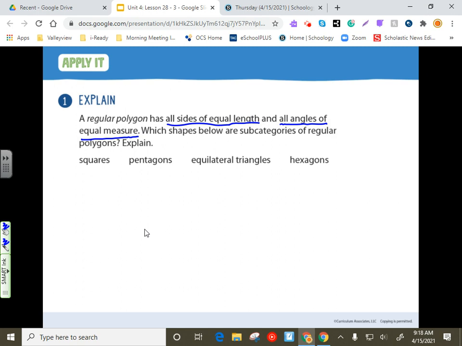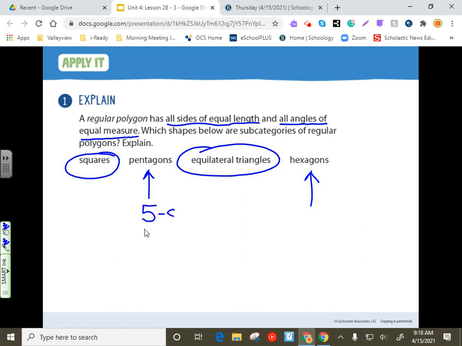And if we want to talk about ones where it's always the case that all sides are equal, that would only leave us with squares and equilateral triangles. You can have pentagons and hexagons with all equal sides. That's possible, but it's also possible to stretch some of those sides so that it's still, in this case, a five-sided figure, and this is a six-sided figure.